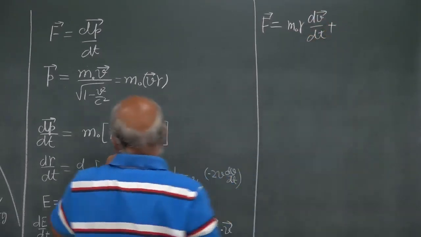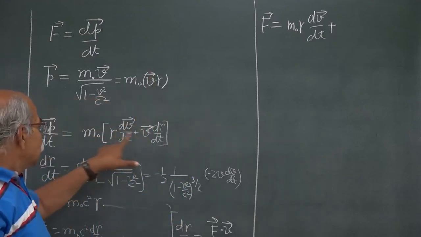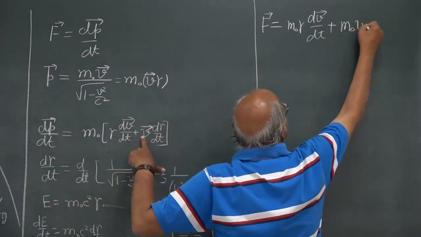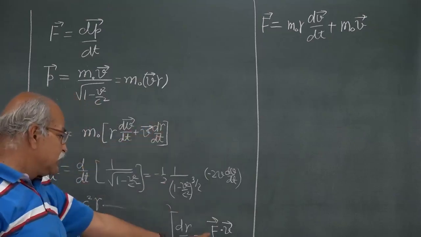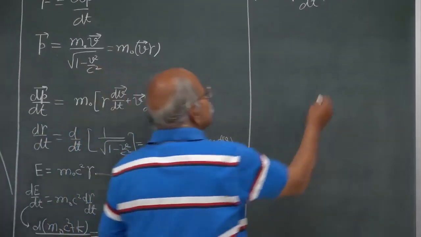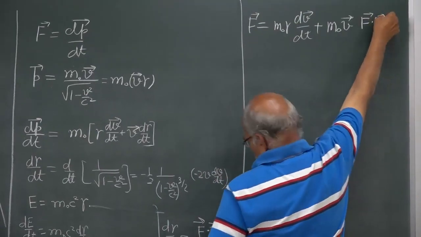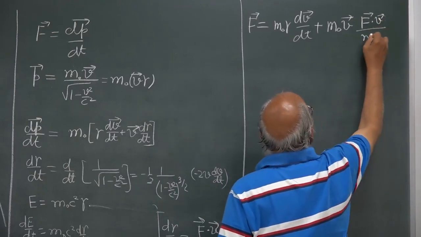I have written this term m naught gamma dv/dt, plus m naught v, and then you have d gamma/dt, and d gamma/dt we have written here as F dot v divided by m naught c square.